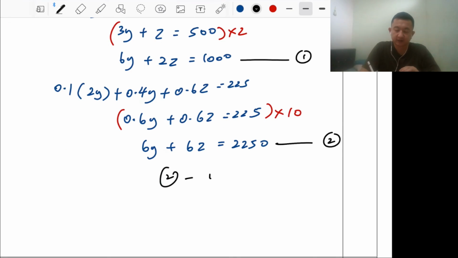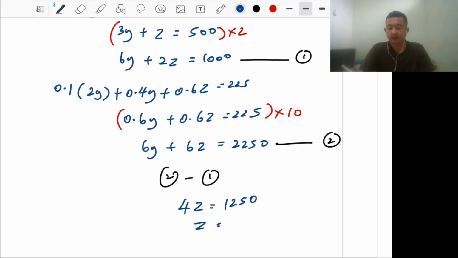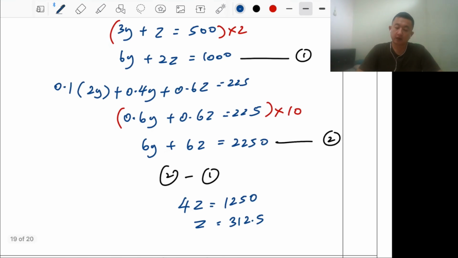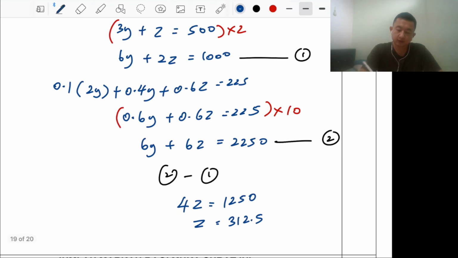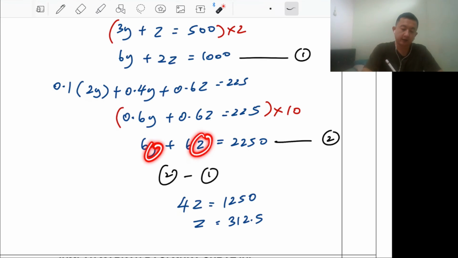Equation 2 minus equation 1. 6 minus 2, 4z equals 1250, z equals 312.5, and then now sub in here to find your y.